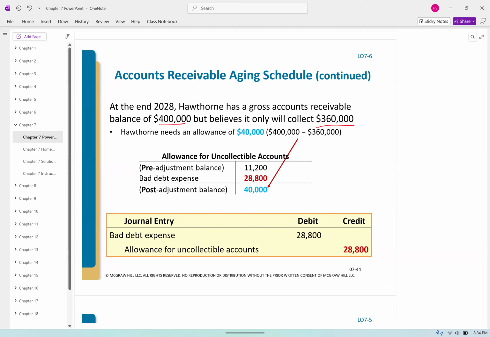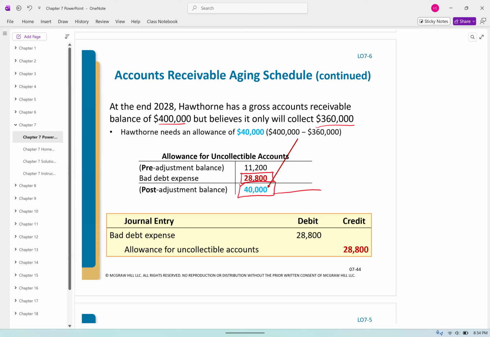So it had a balance of 11,200. Here they calculated the balance. Okay, that's not the bad debt expense, but then they backed into the bad debt expense by taking 40,000, subtract the balance of 11,200.